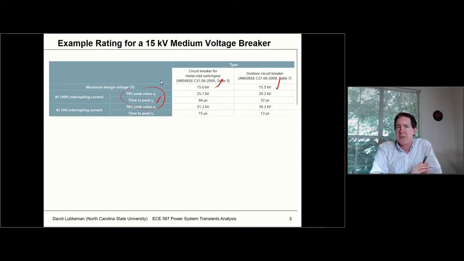If we also have a large change in voltage with respect to time across that insulation, it will also fail. And so what these ratings in these types of tables do is not only tell you what the absolute voltage would be for the rating, but it also gives you kind of a dV/dt value when it gives you this time to peak.